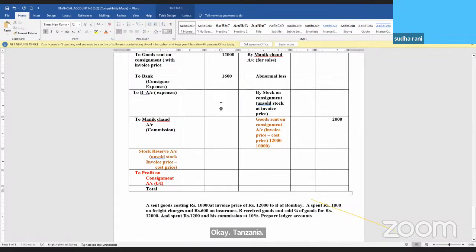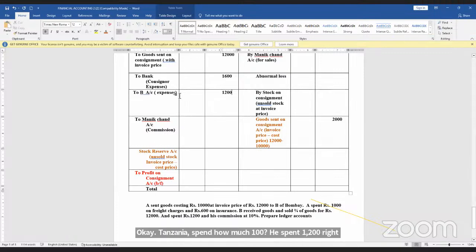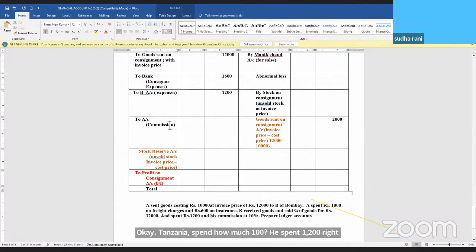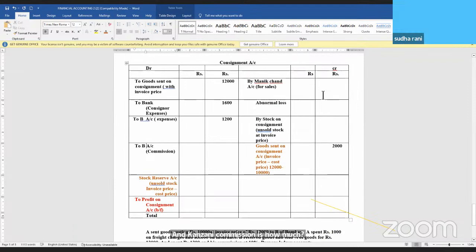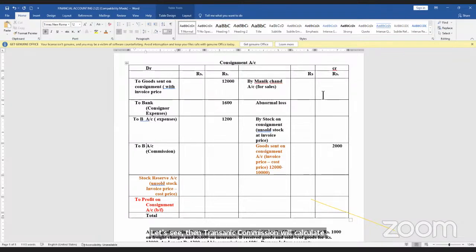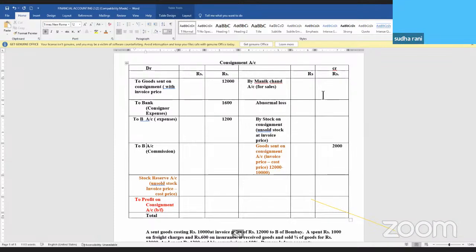And the consignee commission? First let's see sales, then we will calculate the consignee commission.